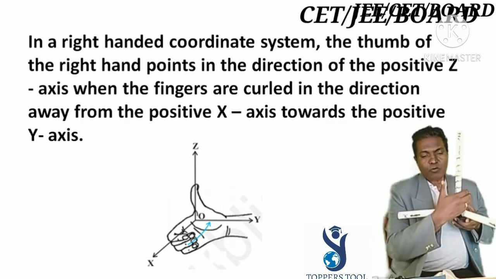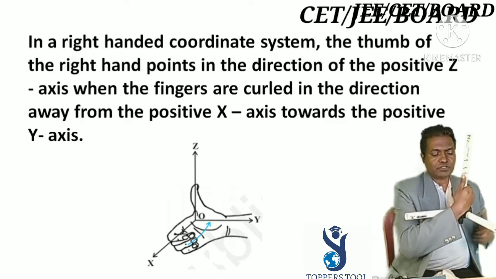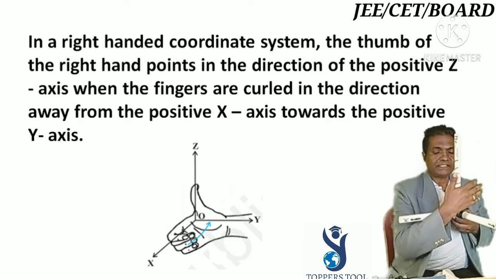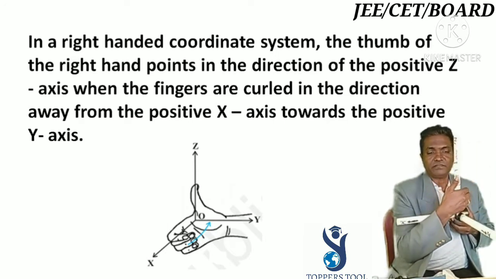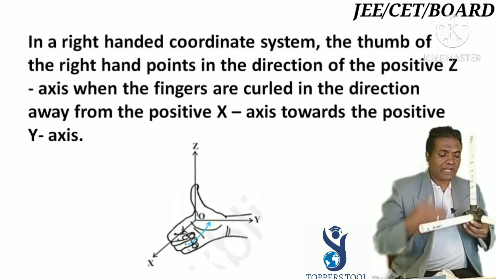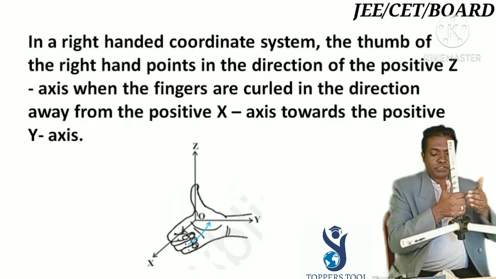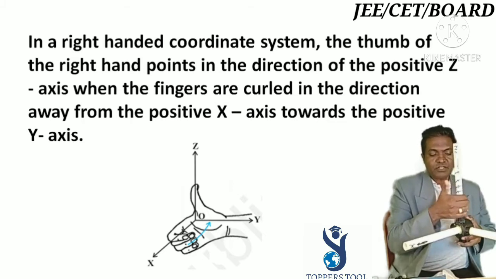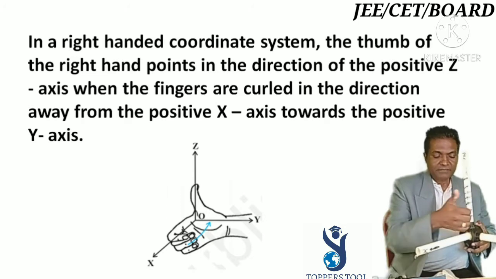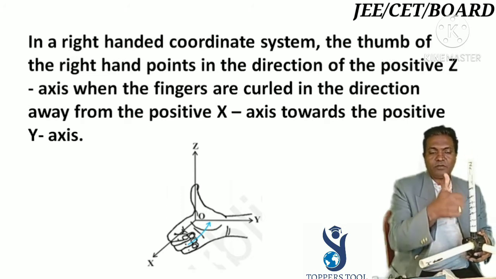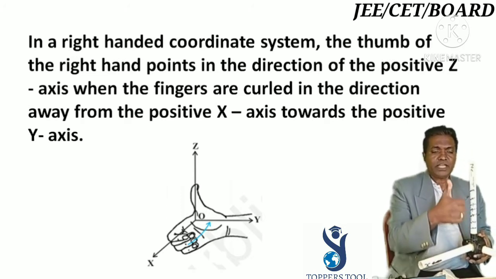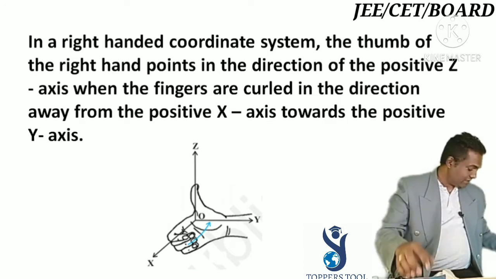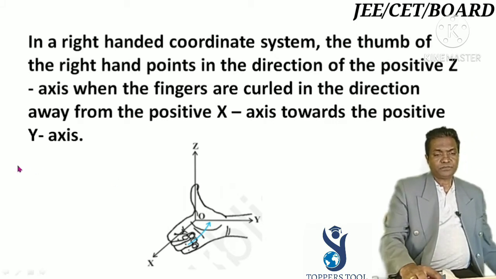If I hold this system like this, the thumb represents the direction of the positive z-axis, whereas the curled fingers are away from the positive x-axis and towards the positive y-axis. So this system can be understood with the help of the right hand thumb. That is why this system is called the right hand coordinate system.